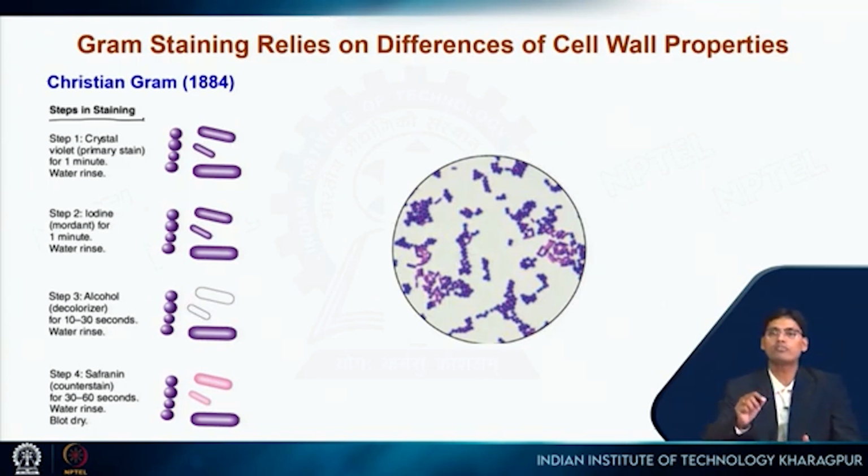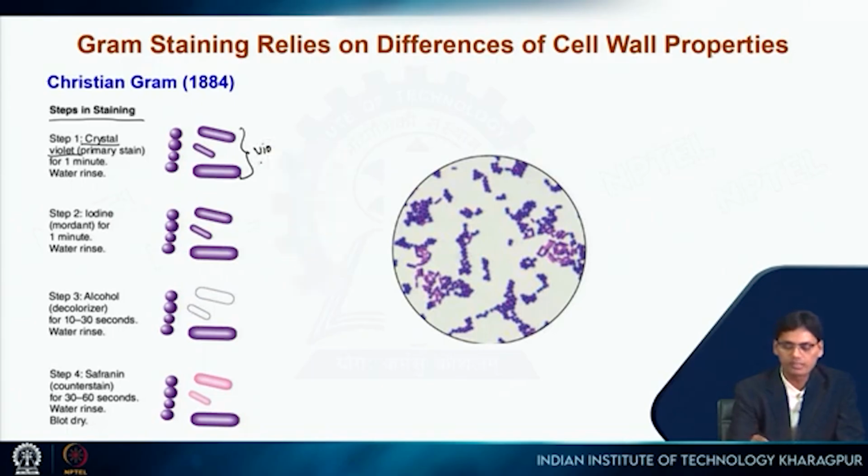First we make some kind of smear, and then the first step is crystal violet staining. After crystal violet staining, all bacteria are violet, dark violet in color, and then we add some iodine. This is called mordant.